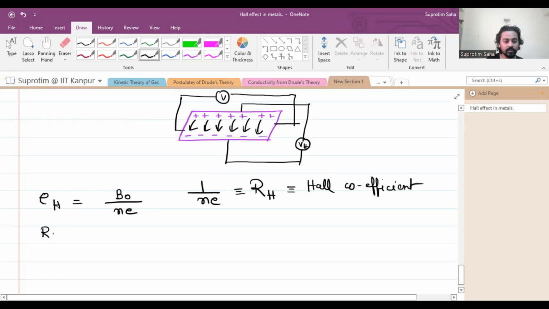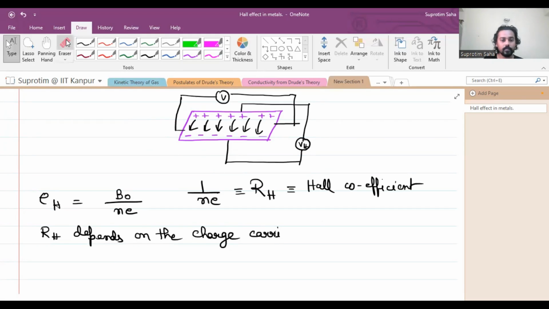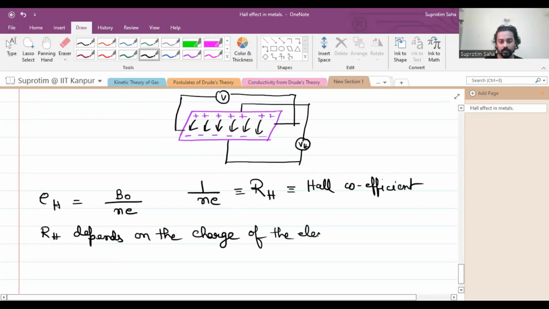The Hall coefficient R_H depends on the charge of the charge carriers, electrons, and their number density.